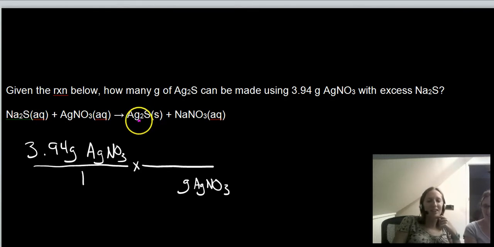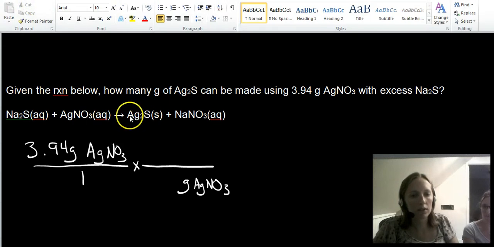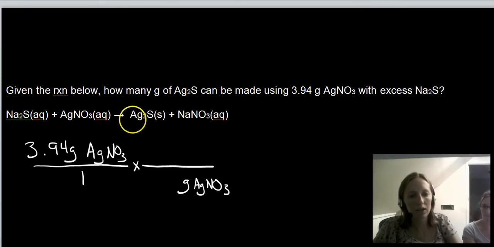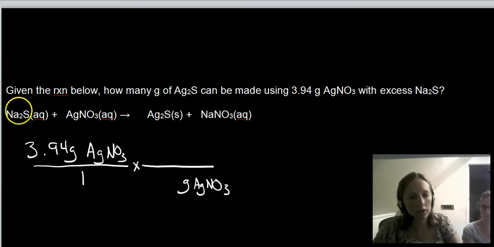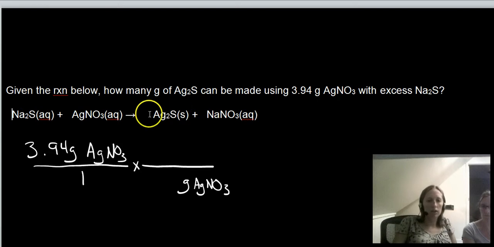Balance your equation. It's a good point. Let's do that. I need space to write numbers. All right, to balance the equation, we need to look at the ones that don't match.